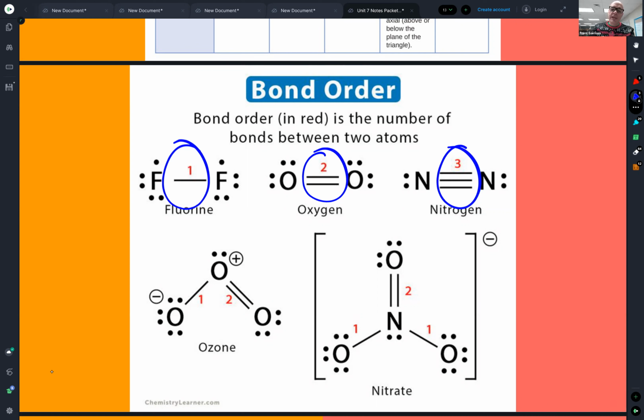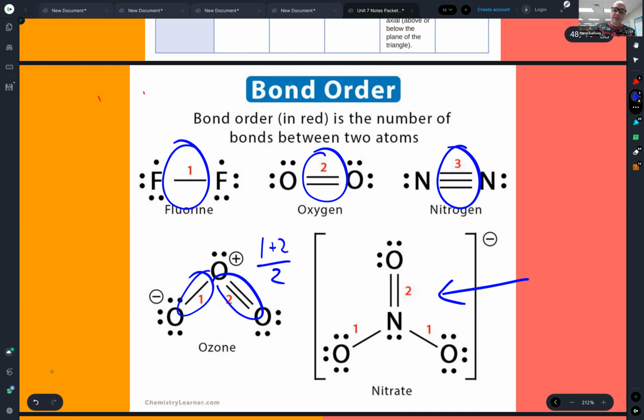If, however, we have this scenario developing where we have multiple bonds on the same molecule, or we have them split where we have a single and a double, we take the average of both of them. So we would have a total of 1 plus 2 divided by 2 locations. So that means that the bond order in this case would be 1.5. On the right side, we have 2 plus 1 plus 1 divided by 3 different locations. And so that would be 4/3. So that would be 1.3 would be our bond order.